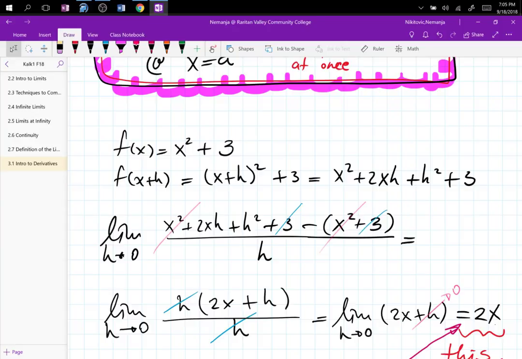Now, I'm going to jump to 2.3 homework, and we are going to spot these questions immediately. Oh wait, am I in the new book or am I in the old book? I don't know.